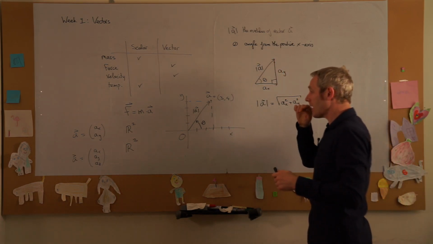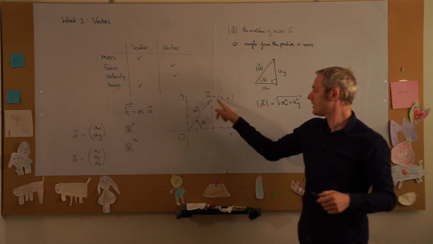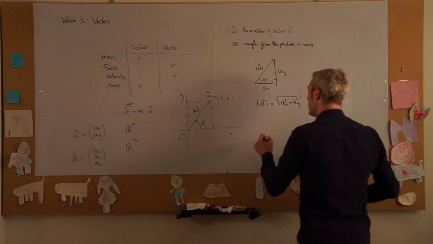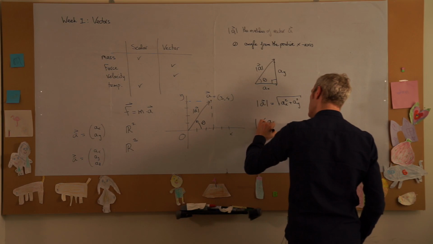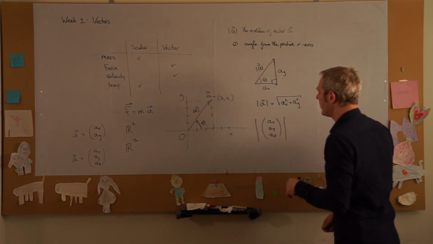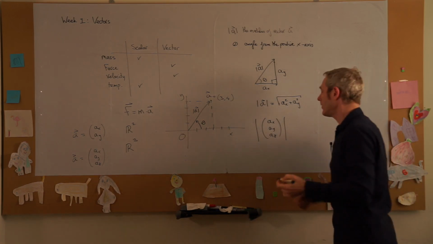Now, if we have a vector in 2D, it's clear. But for a vector in 3D, if we have this vector here, what is the length of our vector AX, AY, and AZ? Well, it's basically the Pythagorean theorem, but then in 3 dimensions.